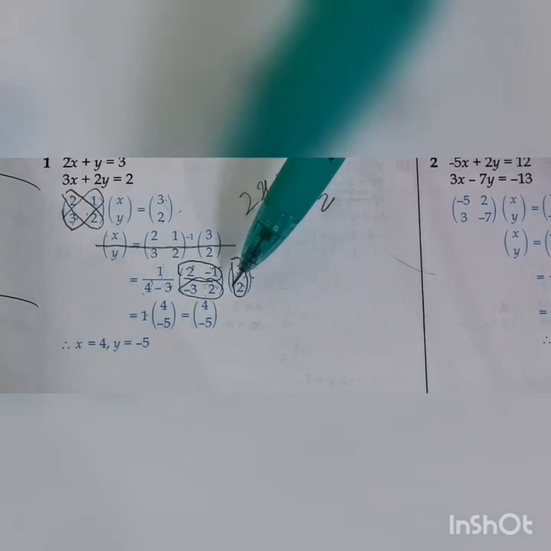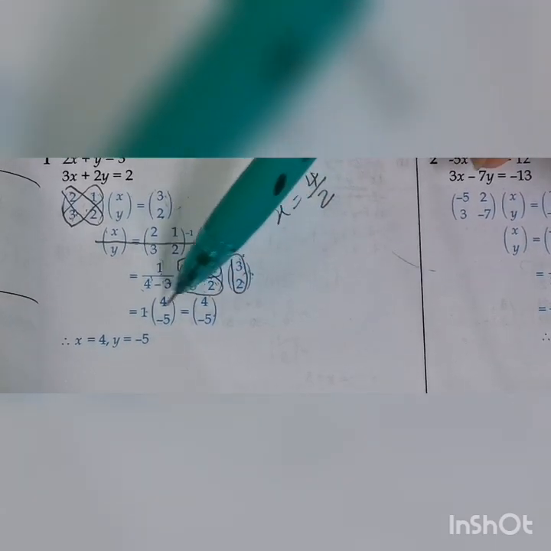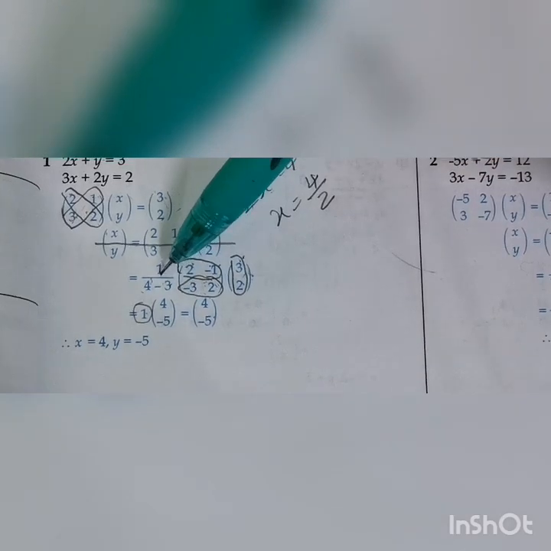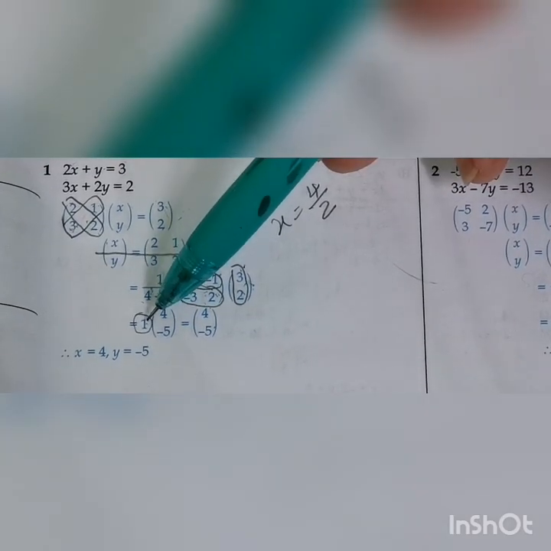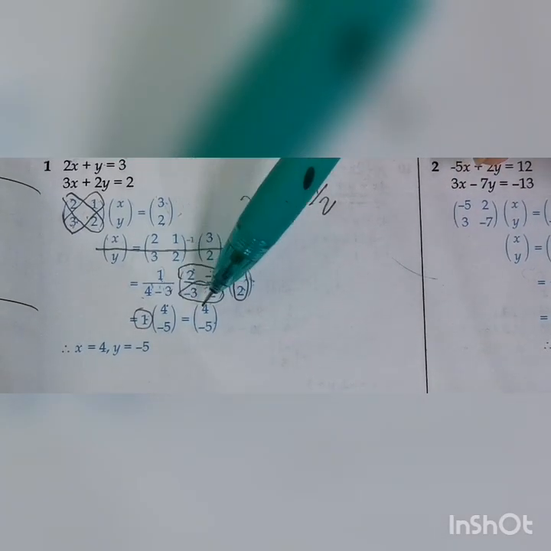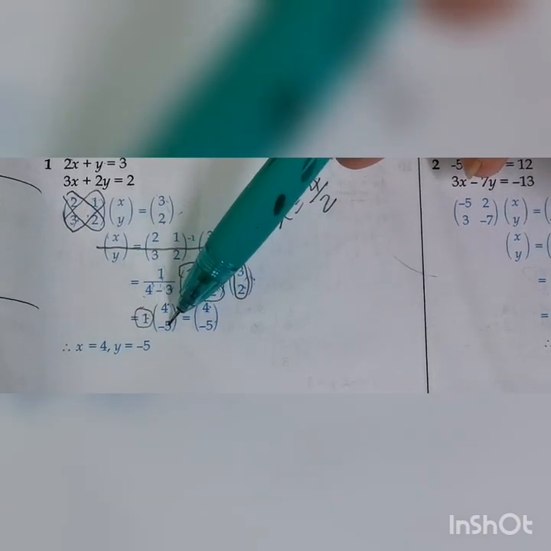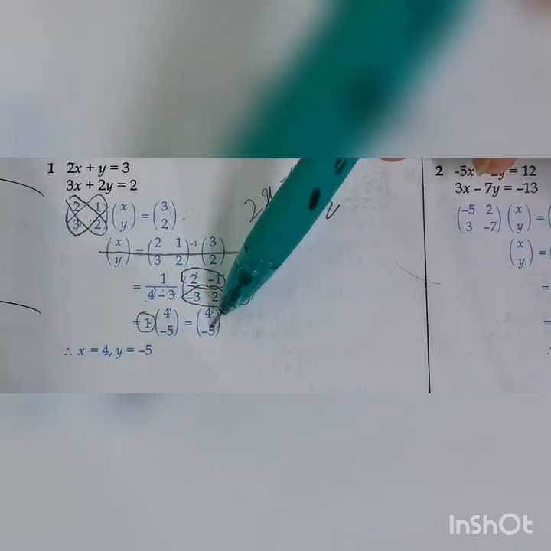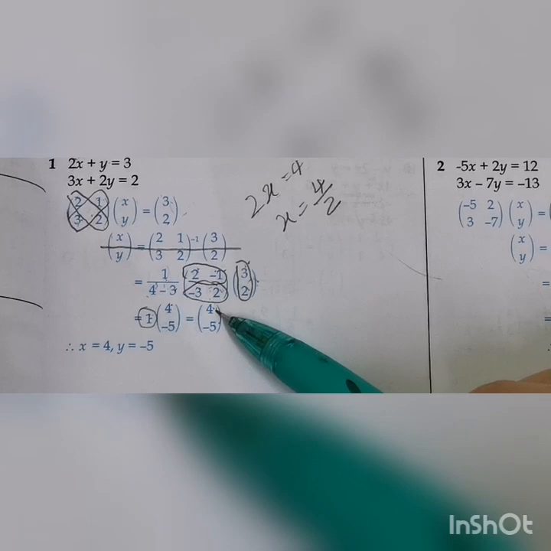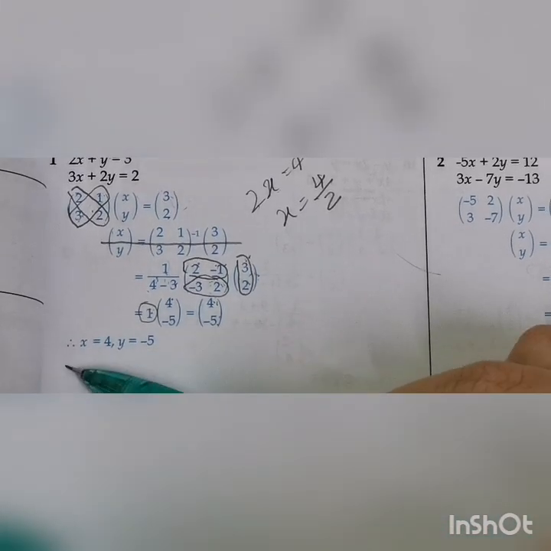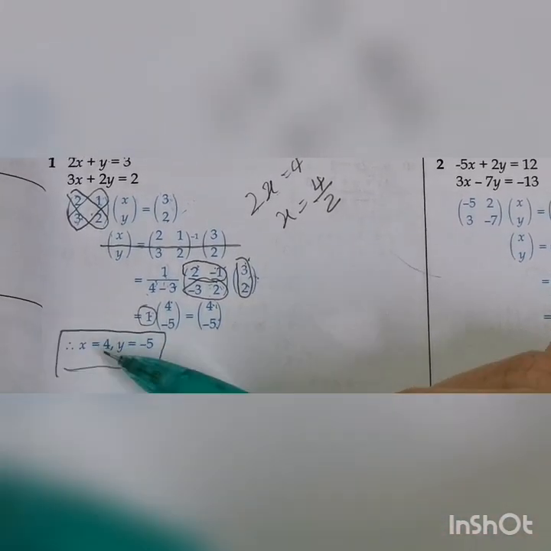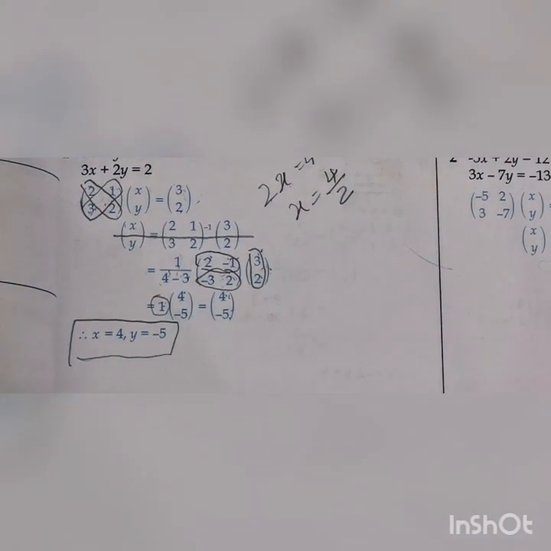And then the answer will be negative 5. Don't forget this one, you simplify become 1, and 1 times 4 becomes 4. 1 times negative 5 becomes negative 5. So this one is x and this one is y. Don't forget the final answer, you need to write down which one is x and which one is y.